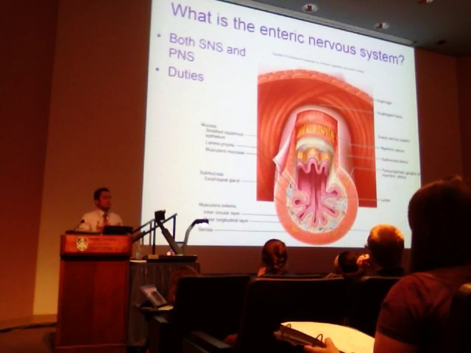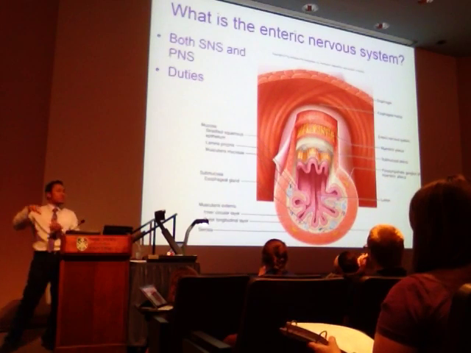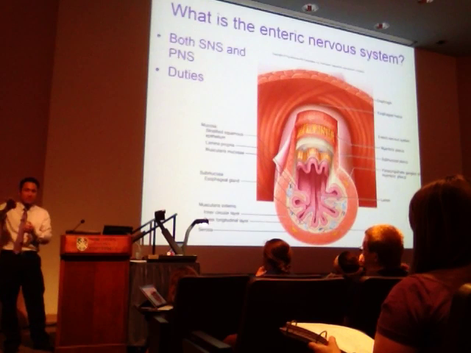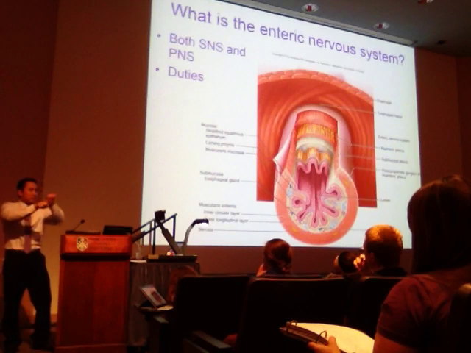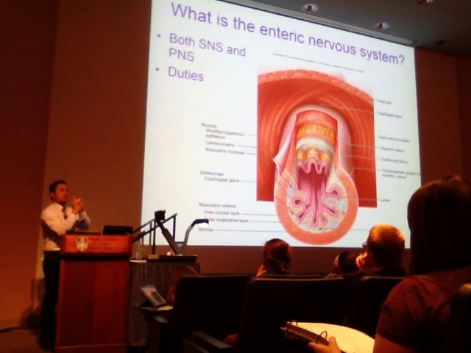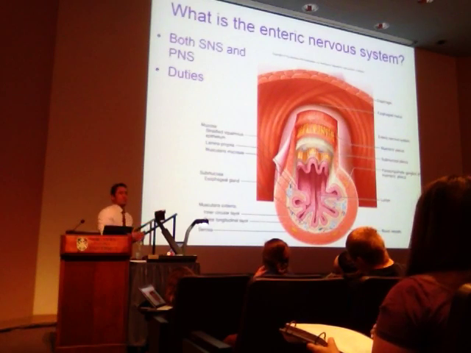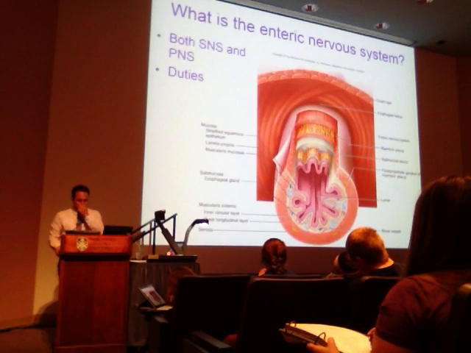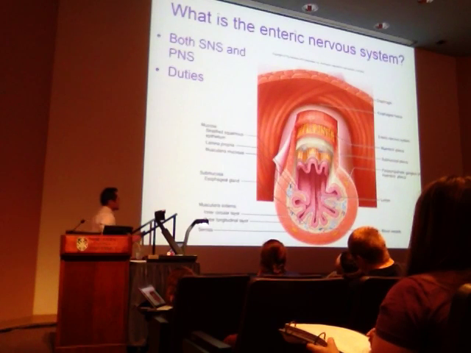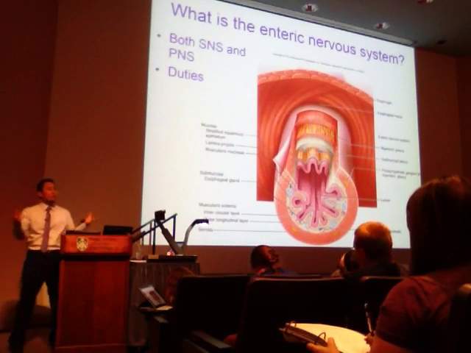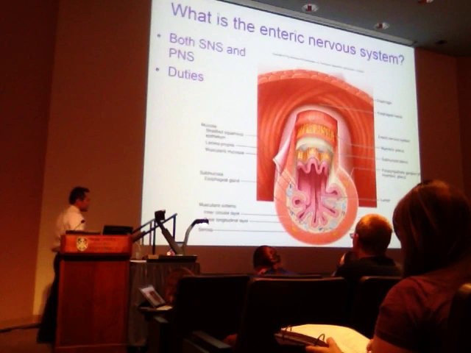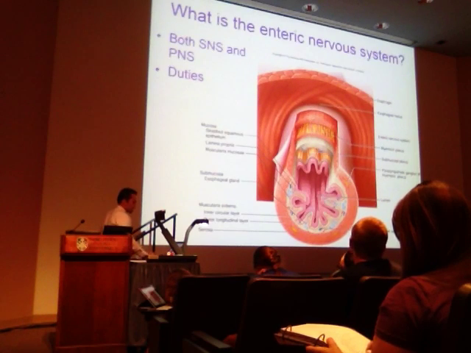Or peristalsis motion is kind of like squeezing the end of the toothpaste, right? Where you squeeze the end and then the toothpaste moves forward. You squeeze here and it moves forward again. So peristalsis would be contraction behind the bolus of chyme, which is digestive food. And so it propels it forward. So the enteric nervous system, very independent, although can be controlled or under the influence of sympathetic and parasympathetic nervous systems.